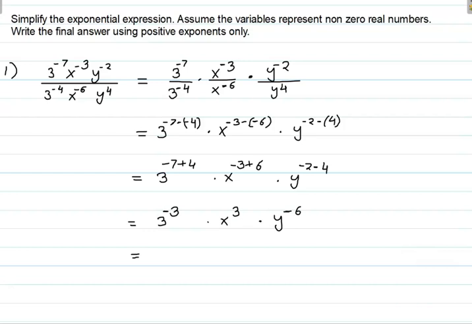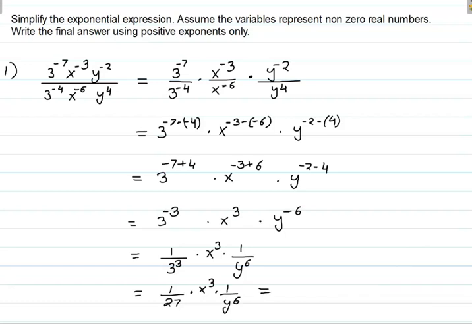And let's simplify them further. 3 raised to negative 3. Let's make all the negative exponents positive, because we always write the answer using positive exponents only. To make the negative exponents positive, we move them to the bottom, and we get 3 raised to 3 is 27, times x raised to 3, times 1 over y to the 6.